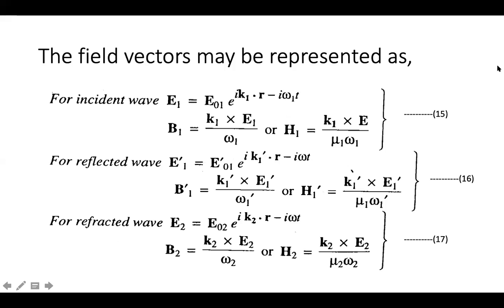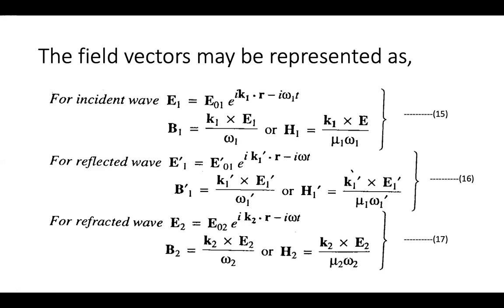Okay, so now this is the general notation, like how the field vectors can be represented. If E is equal to E naught 1, what is E naught? I told you this is the maximum electric field intensity. When I say 1, it is for the first wave, in the first medium.